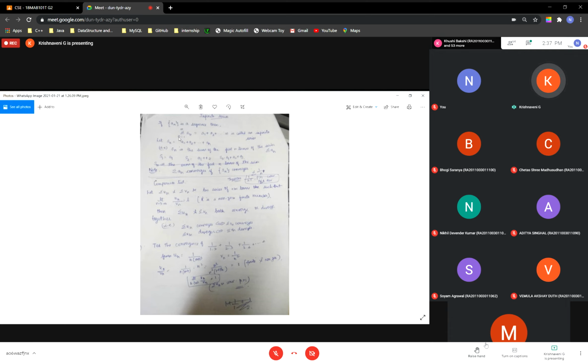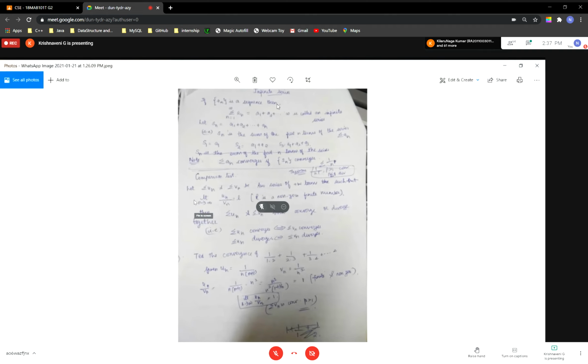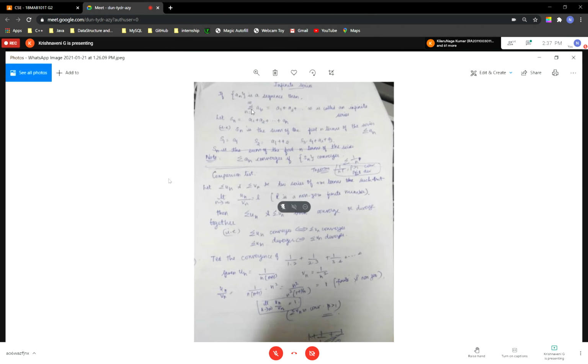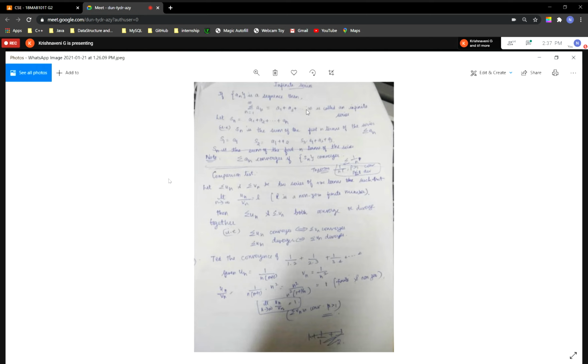If an is a sequence, then summation n is equal to 1 to infinity an equal to a1 plus a2 plus etc. to infinity is called the infinite series. That series is nothing but the total values, the sum of the values. If an is a sequence, then summation an equals a1 plus a2 plus etc. to infinity is called an infinite series.